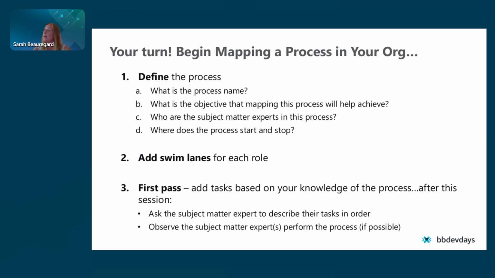So why don't we go ahead and start by documenting step number 1, defining the process. So go ahead and take a couple minutes and fill out step number 1 there, A through D, for a process that you would like to map in your organization. So let's go ahead and take a couple minutes to do that.